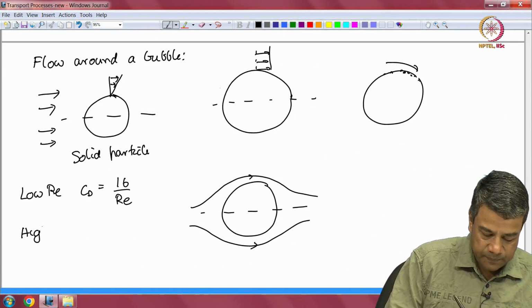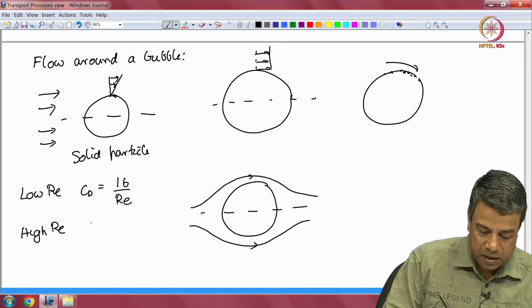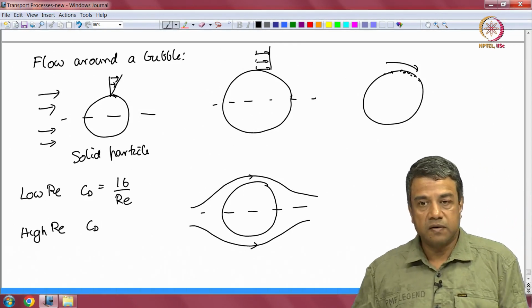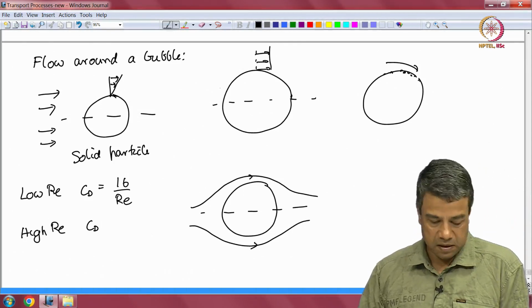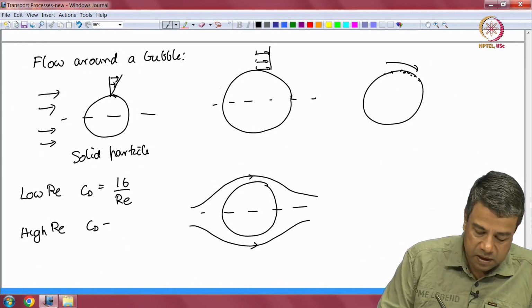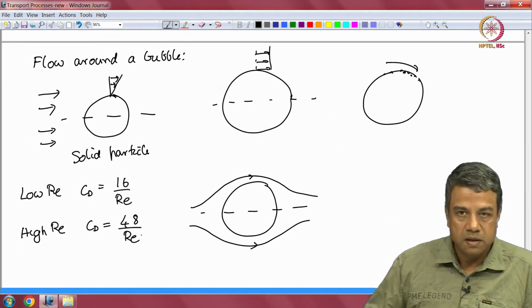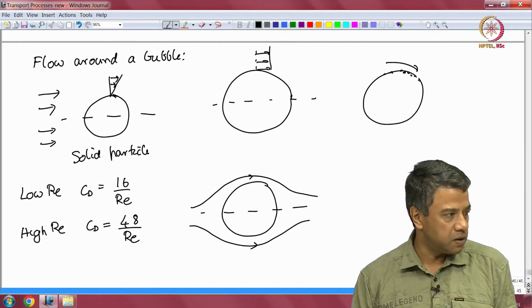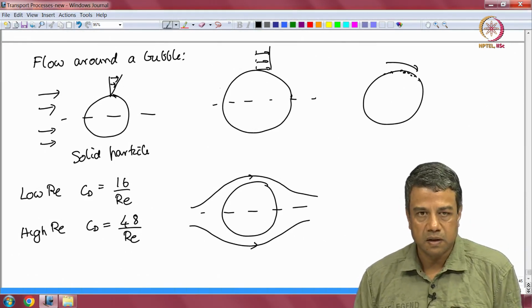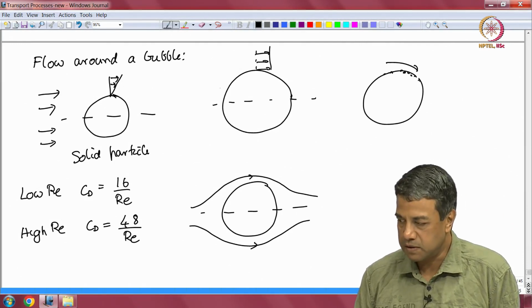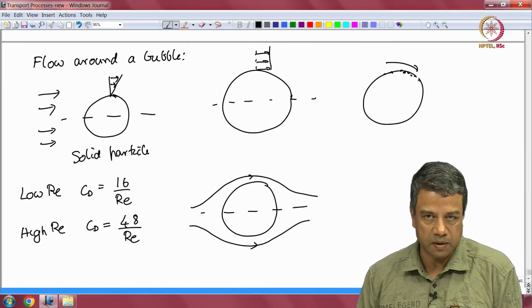And at high Re, for very clean fluids with no surfactants in it, the correlation for the drag coefficient is 48 by Re. So, the drag coefficient is proportional to 1 over Re for both low Reynolds number and high Reynolds number for the flow past a bubble.